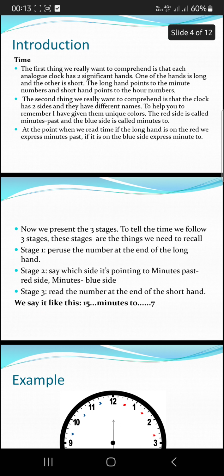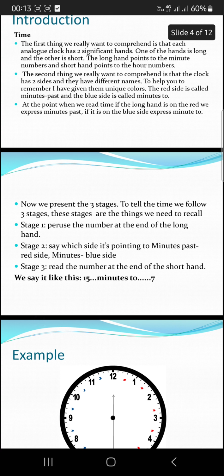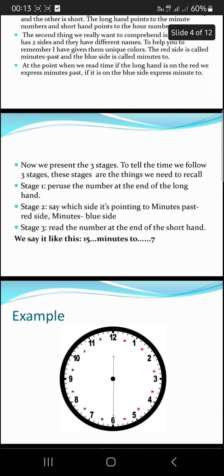We have 3 stages. To tell the time, we follow 3 stages. These stages are the things we need to remember. For example, stage 1, I read the number at the end of the long hand.